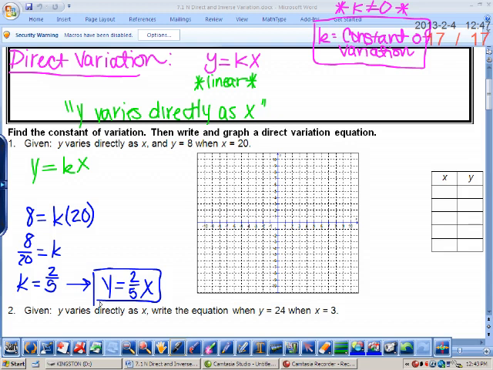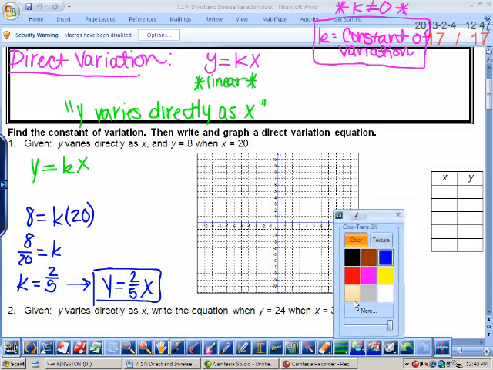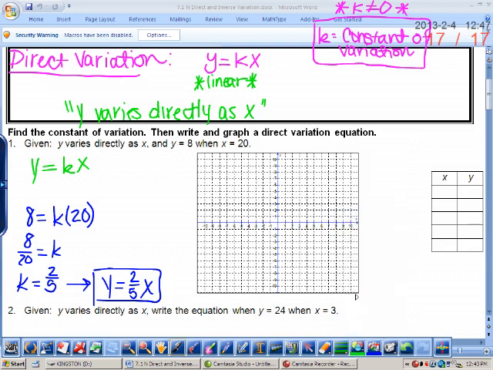All right, so that means our constant acts as what in our equation? Yeah, it's essentially the slope. Let's go ahead and plot this direct variation on this graph. So we know it goes through 0, 0. And then what's the slope?